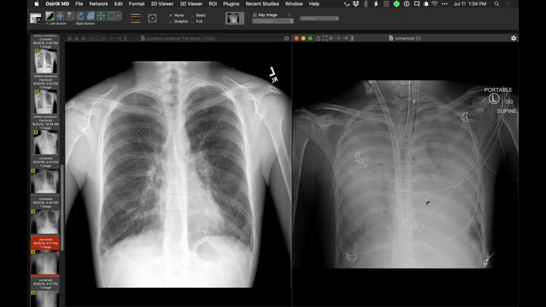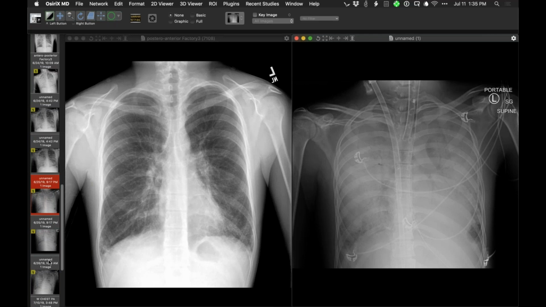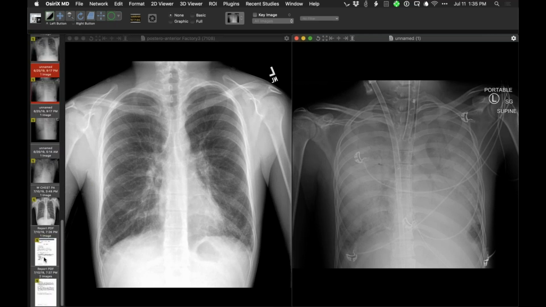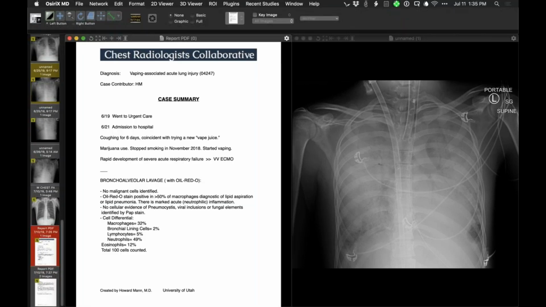So now his lungs look like that. Now, this in part is just presumably poor aeration of the lung. I don't know what the ventilator settings are here, but he has acute respiratory failure and veno-venous ECMO. So now I will bring up here a bronchoalveolar lavage, and what's interesting about this one is that macrophages contain lipid, as you can see there.